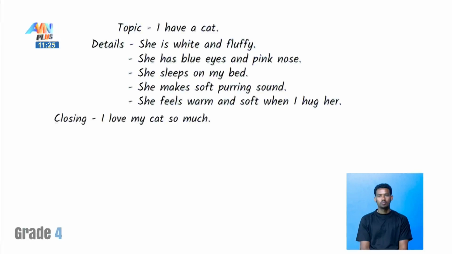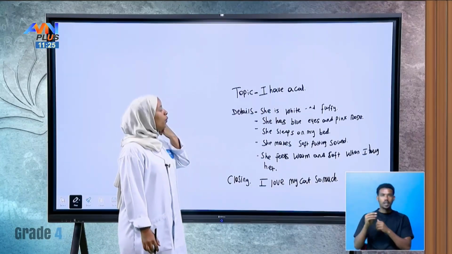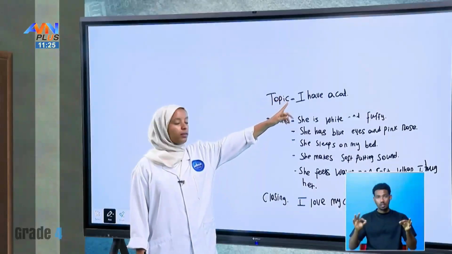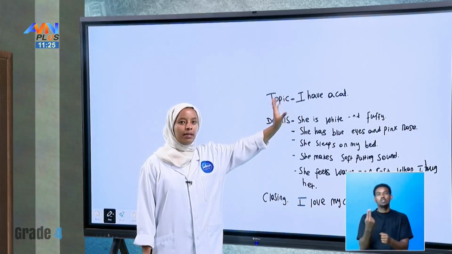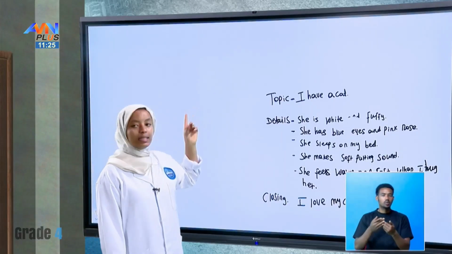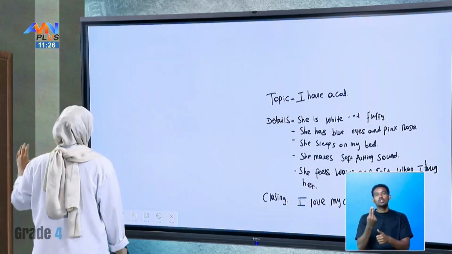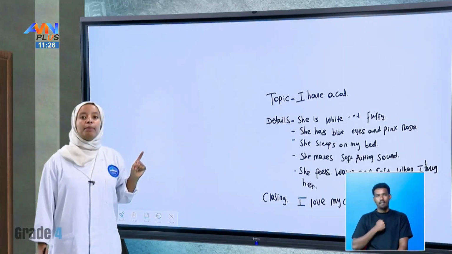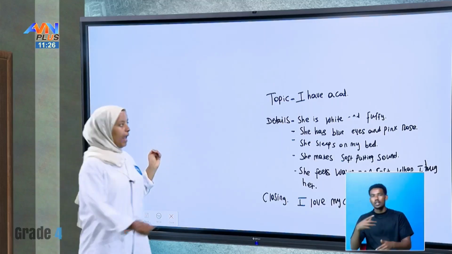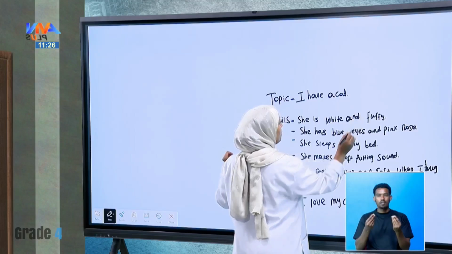So, students, here is the topic, the detail, and the closing. When we come to the topic sentence, we are using I have a cat, that is the topic. And when we come to the details, she's white and fluffy.